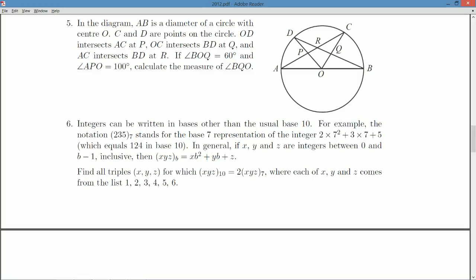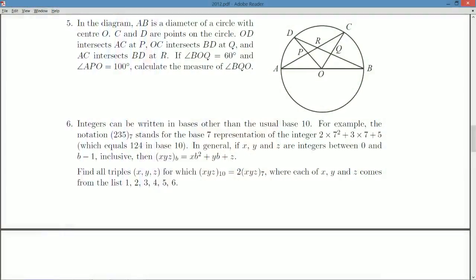Okay. So this question might be a little confusing if you haven't seen bases before. So it's best to try and read it very carefully, go back and see exactly what they're talking about, and see if you can get a handle on it. You don't actually really need to know what bases are to do this question, but it certainly helps in terms of intuition.